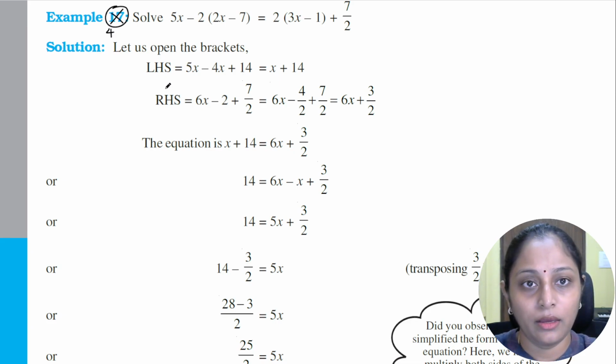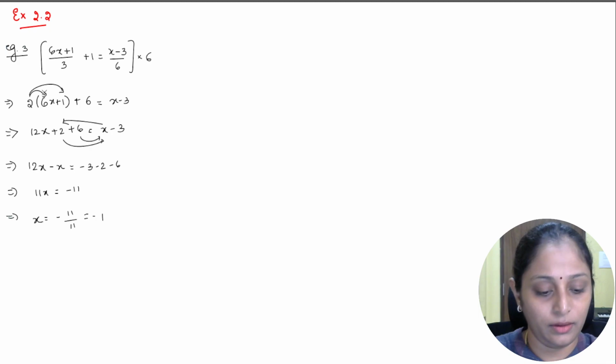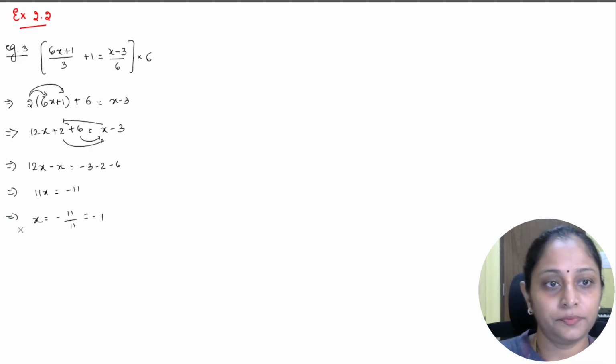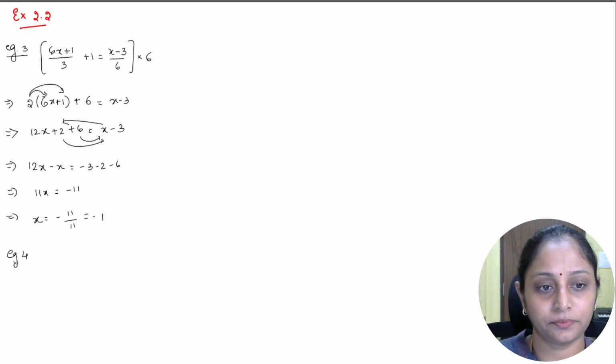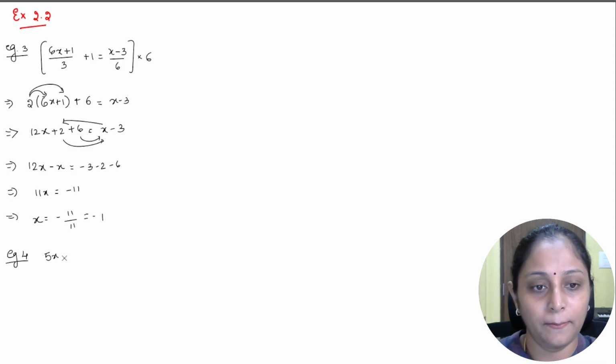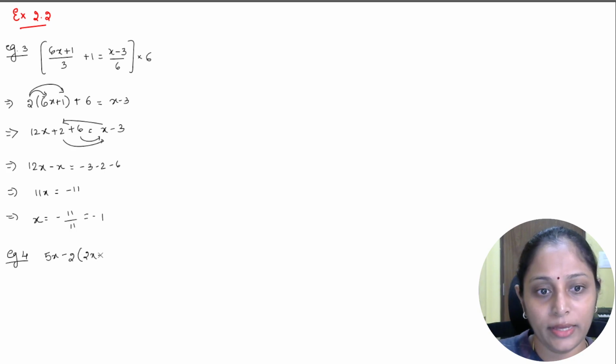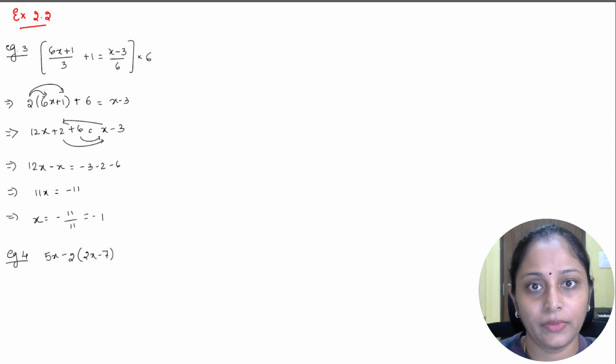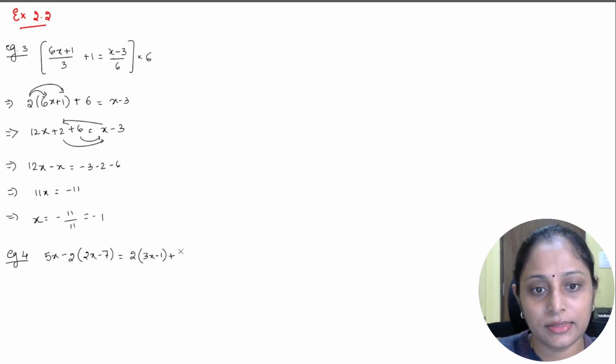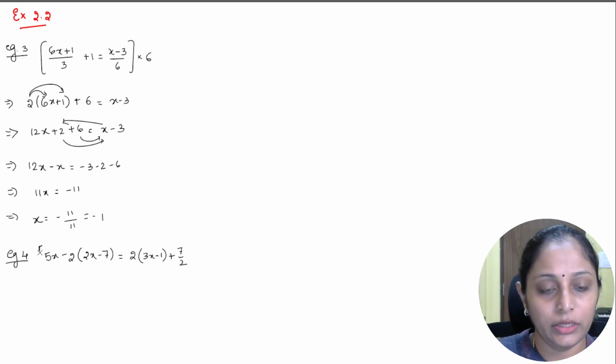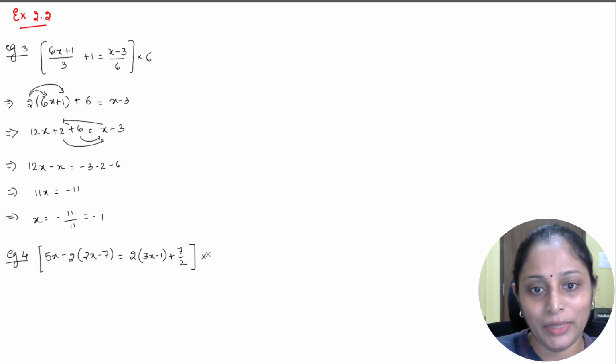Okay, the question is example 4, 5x minus 2 times 2x minus 7 is equal to 2 times 3x minus 1 plus 7 by 2. Now here there is only one denominator 2, I will multiply by 2.